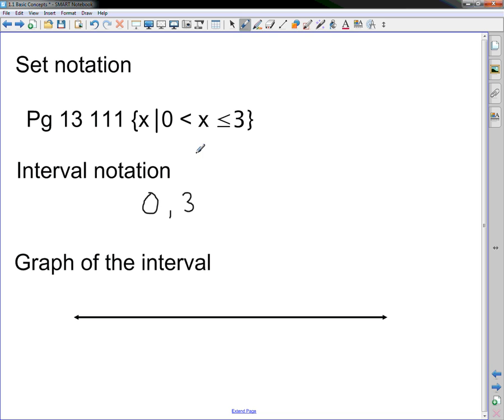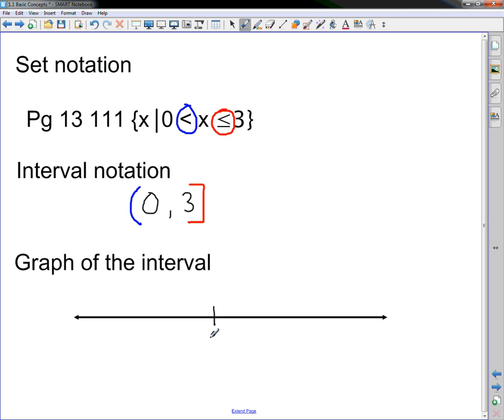Now to determine the brackets and the parentheses, we look at the symbols. The less than again tells me that I should have a parenthesis. The less than or equal to on the 3 tells me I should use a bracket. So this represents all the numbers from 0 to 3. So 0 is less than x, which is less than or equal to 3. And the last part is to go ahead and put this on a number line.